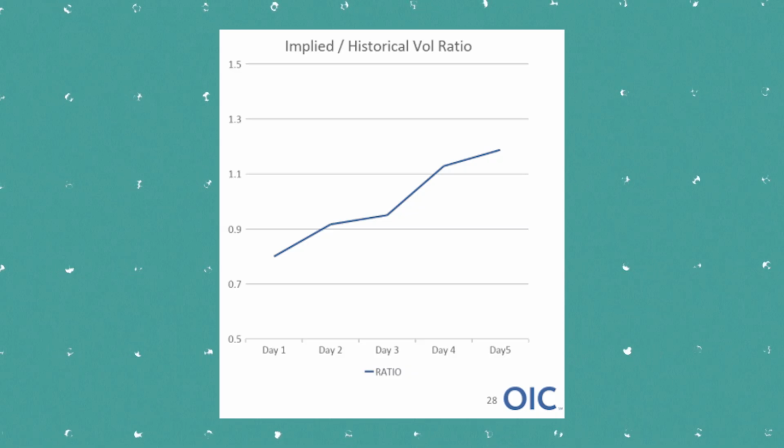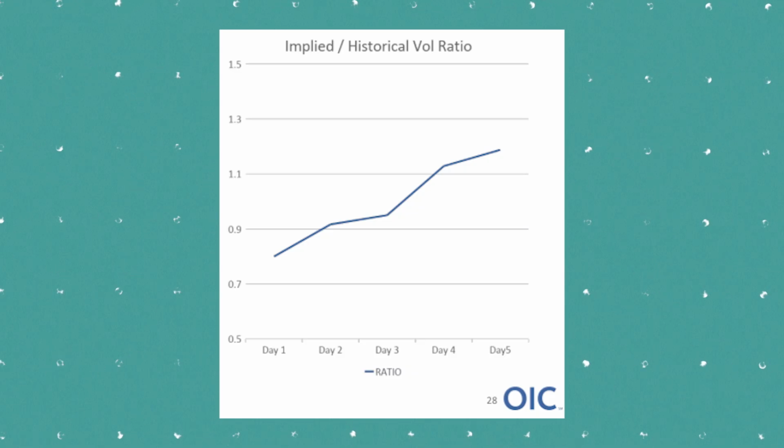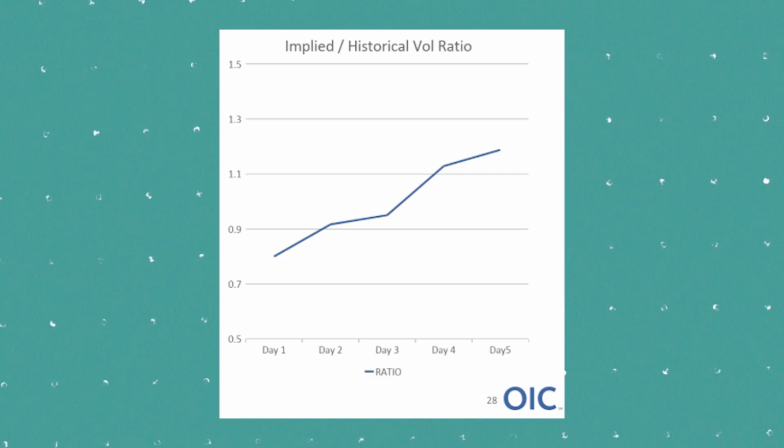One of the last things that we're going to talk about is how to evaluate these ratios and analyze them over a period of time. One of the most important aspects of any ratio or metric is how it behaves across a certain period of time, and this is no different for relative value ratios. If we plot something like the implied historical volatility ratio over time, we can start to see its behavior.